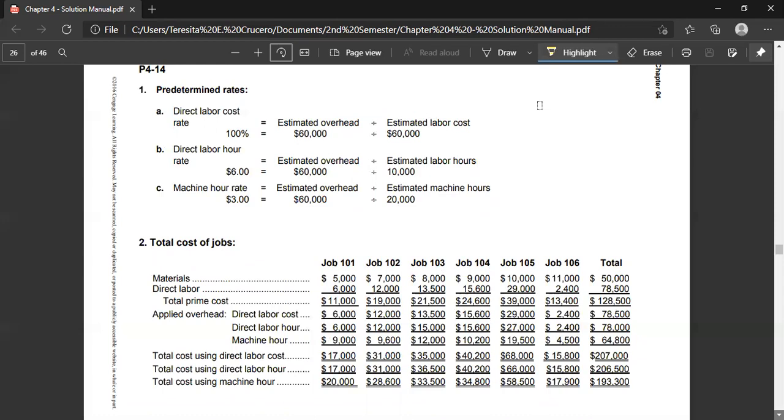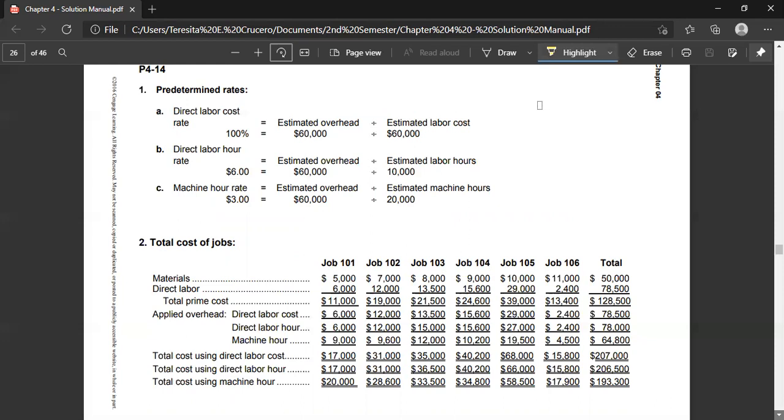So 1,000 direct labor hours multiplied by 6 still gives 6,000. In job 102, we again multiply by 6, 2,000 labor hours, 2,000 times 6.